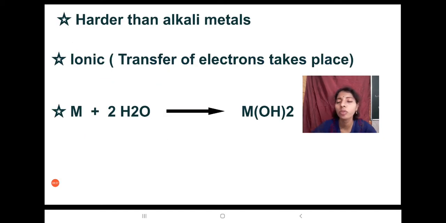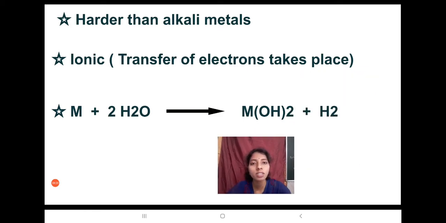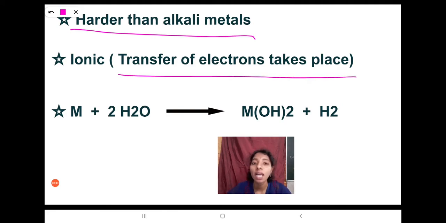So see some of the properties of these 2A group elements. These metals are harder than alkali metals. When compared to 1A group elements, these metals are hard, right? And these elements also have ionic nature. That means transfer of electrons takes place.